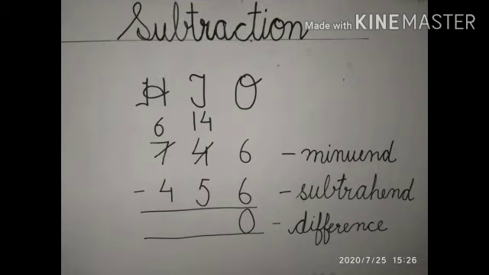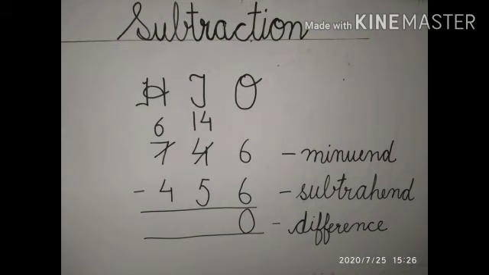So, when 4 will borrow from 7, it will become 14. And 7, what will 7 become? 6. Understand?